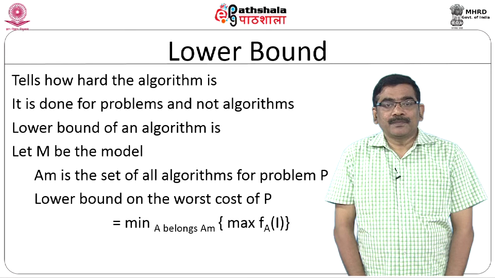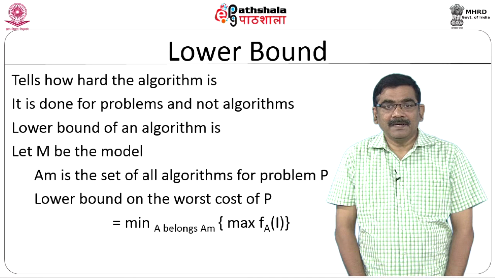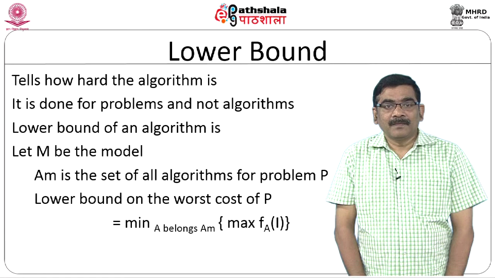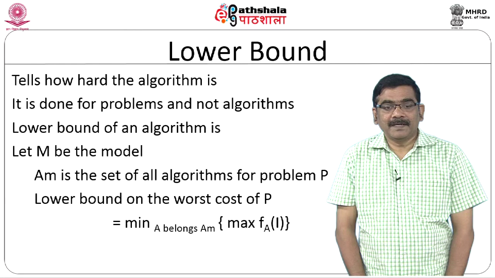So, in order to find that, we require these things. We require a model. Let capital M be the model. A of M is the set of algorithms that are available for solving a given problem P. Then we can say that the lower bound is the minimum number of operations that are necessary to carry out the operation for the given problem, for all these algorithms.